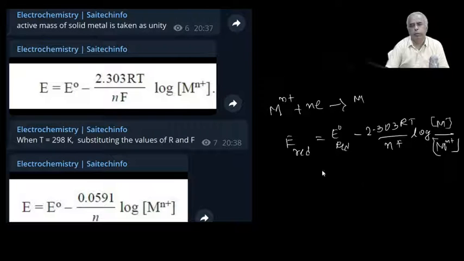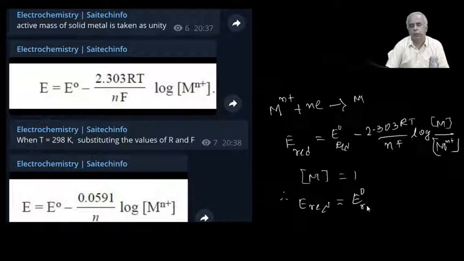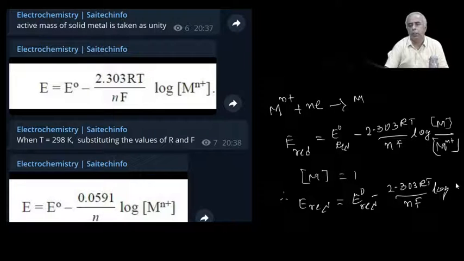And you know very well that the active mass of metal is equal to unity. Therefore E red, the reduction potential, is equal to E naught red, the standard reduction potential, minus 2.303 RT divided by NF, and you can put log 1 by M^n+ concentration.